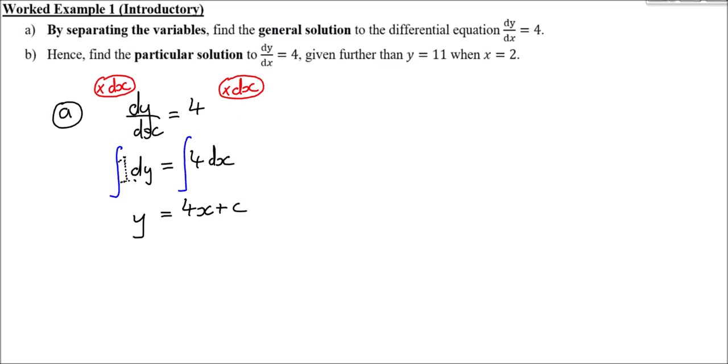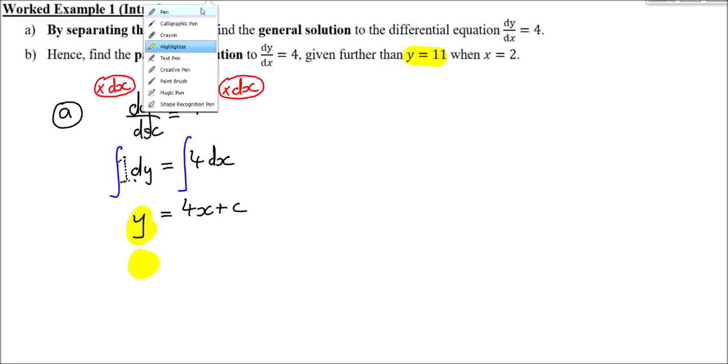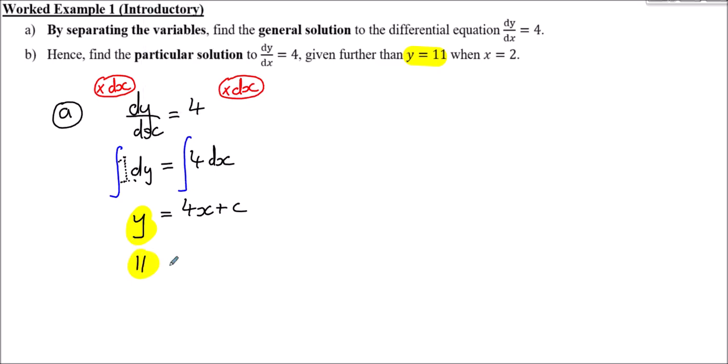However, what we do know is y has to be 11 when x is 2. So I'm going to sub y is 11. These are the boundary conditions. And I know at that point x needs to be 2, so I'm going to plug in the value of 2 for x, because I know x has to equal 2 at that point.